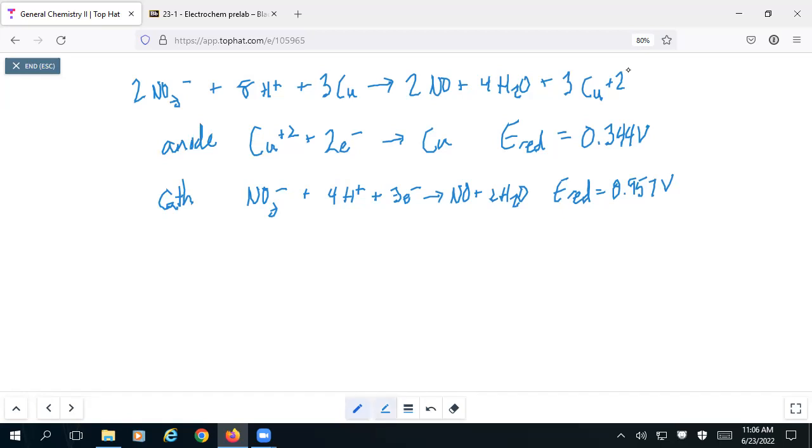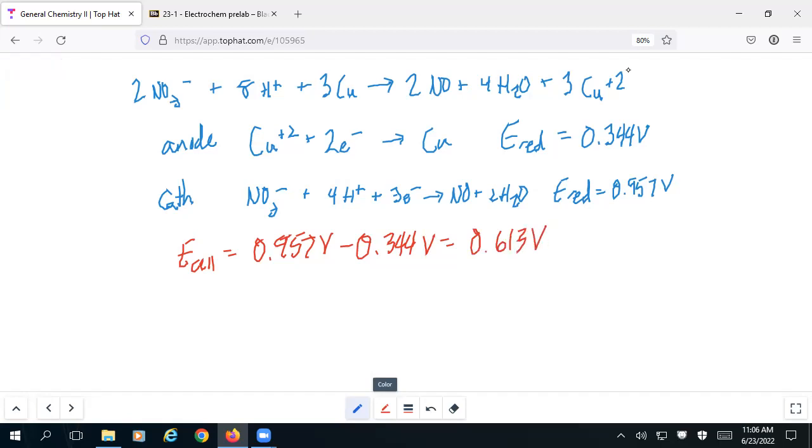And if we take it from there, we would get 0.957 volts minus 0.344 volts. And it would come out to 0.613 volts. So 0.613 volts is the cell potential for this particular battery.